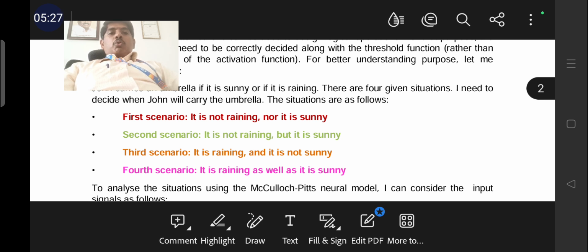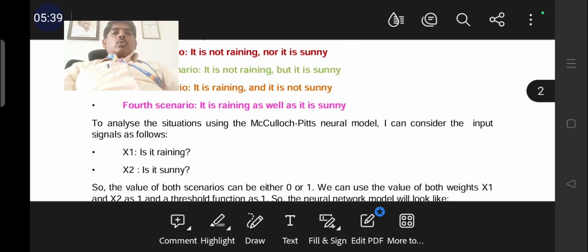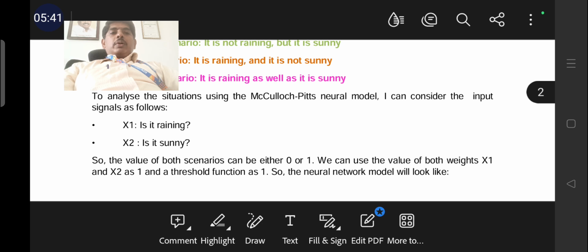Similarly, in the fourth scenario it is raining as well as sunny, so x1 is 1 and x2 is 1. So x1 is considered if it is raining, and x2 if it is sunny.